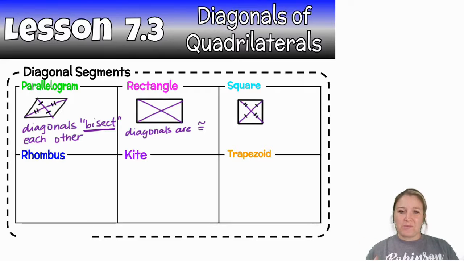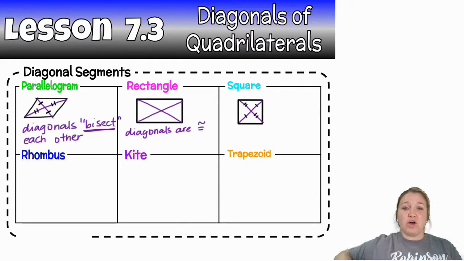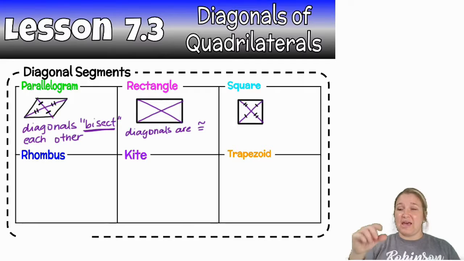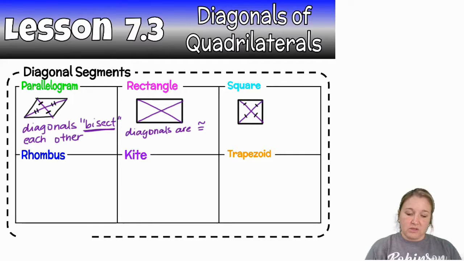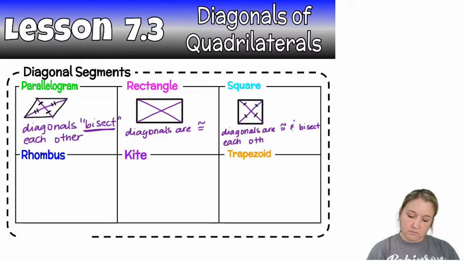If you had a square piece of paper and you folded it in a diagonal fashion, those two lines are going to be the exact same, whether you fold it one way or the other, and each piece will be the same. So all the diagonals are going to meet together. The diagonals are congruent and they bisect each other.